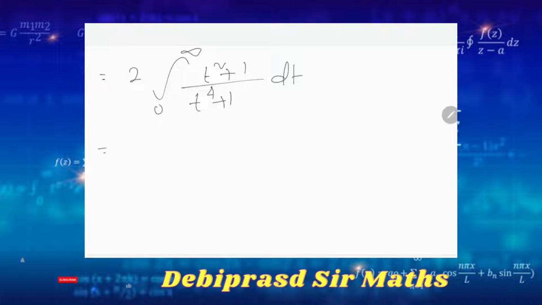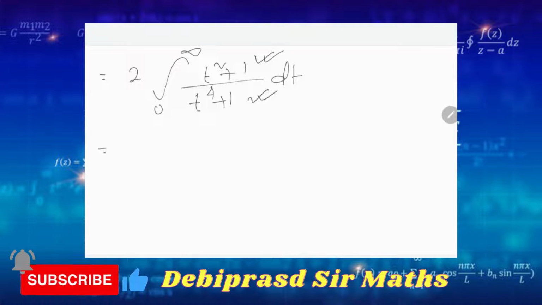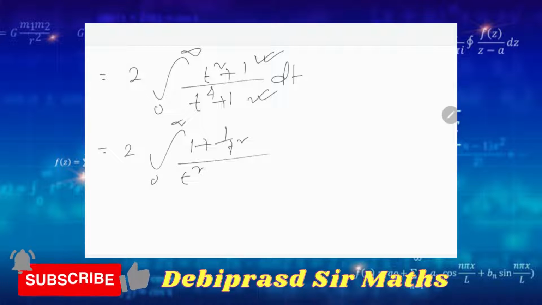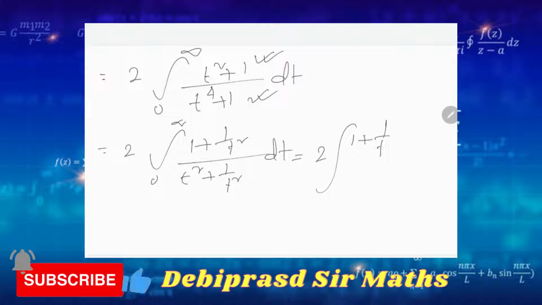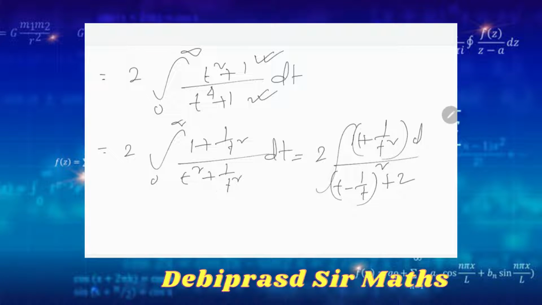So divide numerator and denominator by t square. We get the integral from 0 to infinity of (1 plus 1 by t square) by (t square plus 1 by t square) dt. Then I will keep the numerator intact and the denominator is (t minus 1 by t) whole square plus 2.